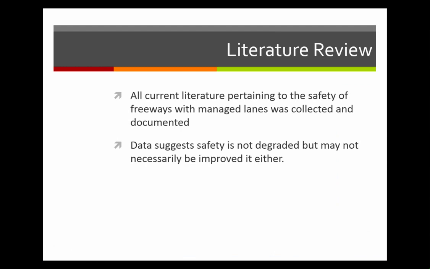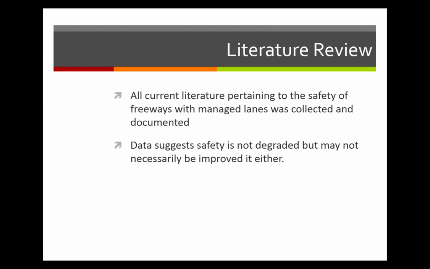What they did in these reports is they compared facilities with managed lanes on a characteristic-to-characteristic basis. They would purely analyze the crash differences and the frequencies for facilities that, say, had a physical barrier between the managed lanes and general purpose lanes, and perhaps just a buffer-separated barrier. And so they would just compare the crash frequencies between those two.